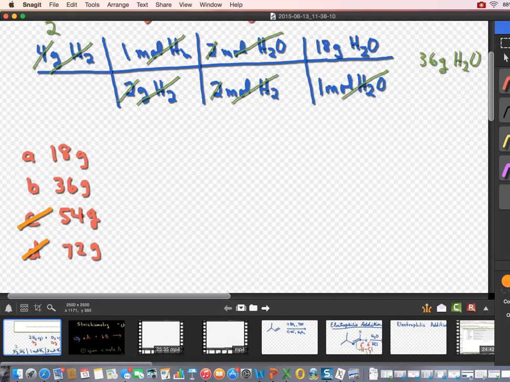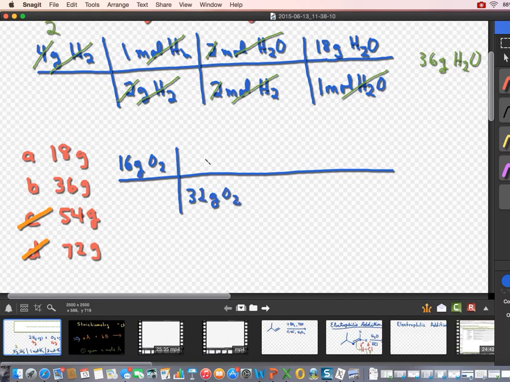So let's do that. Here we have 16 grams of O2. There are 32 grams of O2 in 1 mole of O2. Again, notice that grams of O2 now cancel.